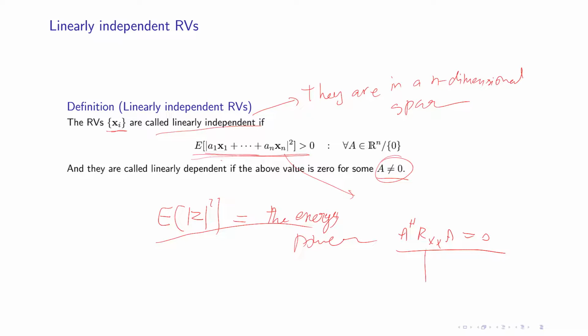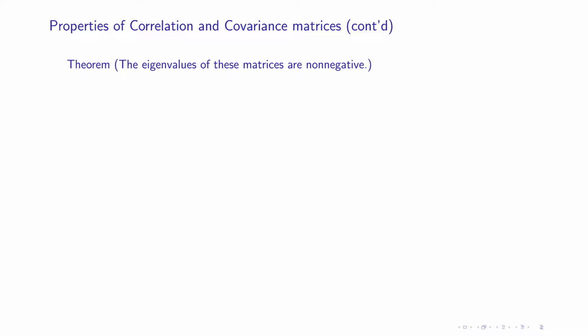In other words, if the covariance matrix is singular, if Rxx has an eigenvalue equal to 0, then we call it linearly dependent. That means that one of the random variables is equal to a linear combination of the rest of them.